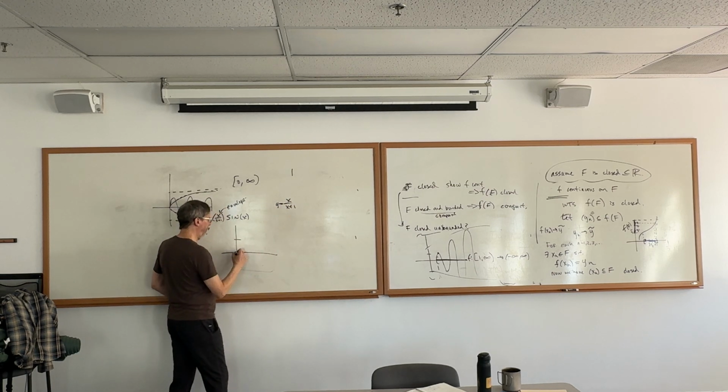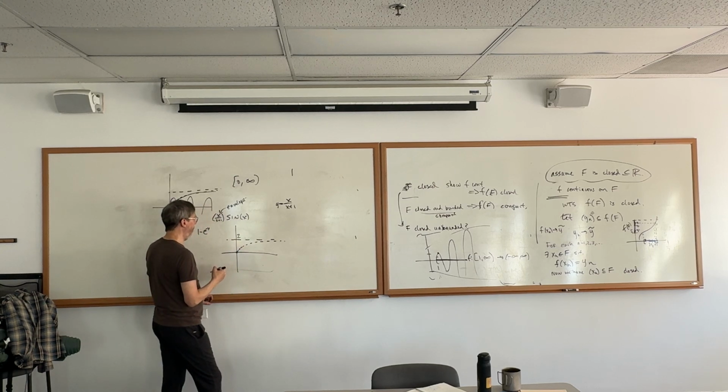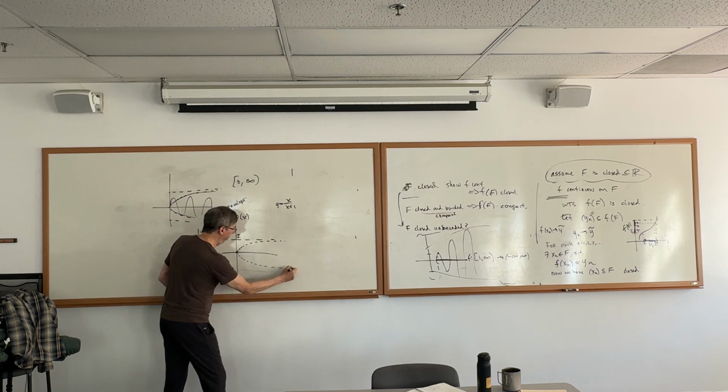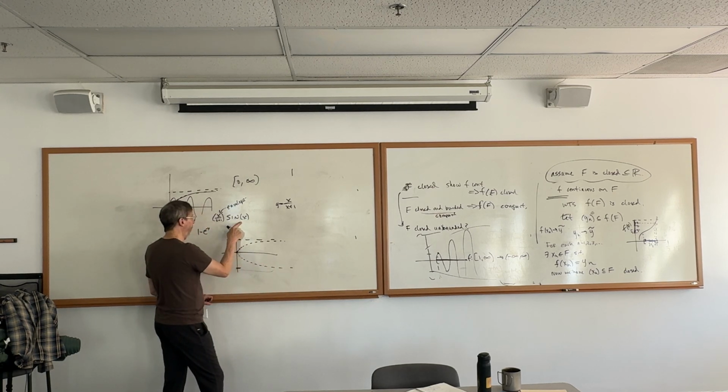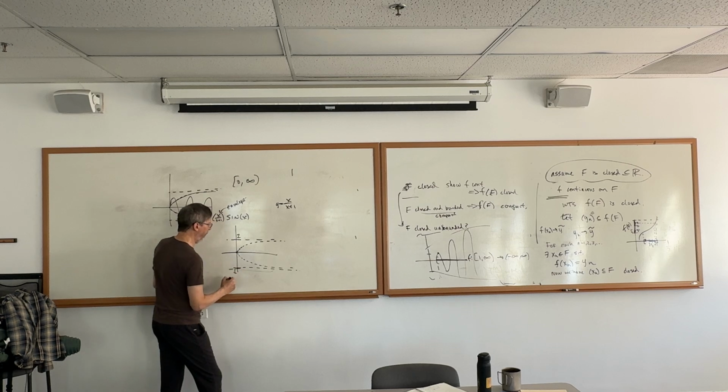Approaches 1, so it kind of does this. And then when sine is negative, it'll still be grabbing those values for its amplitude. So for example, when sine is -1, it'll just be -1 times that number. And so we can approach -1 down here asymptotically.